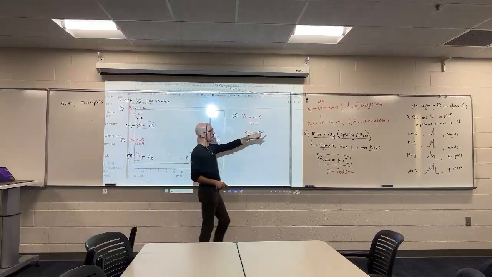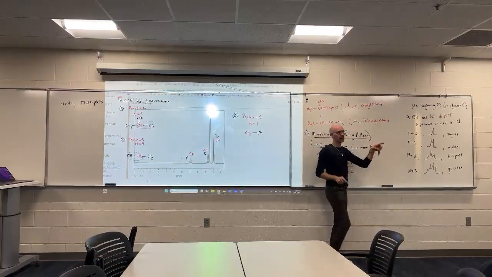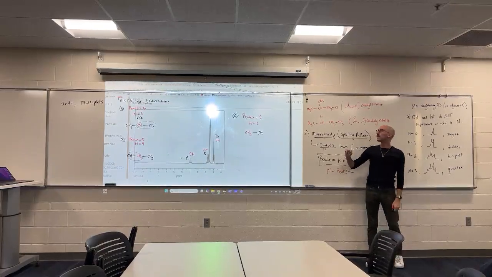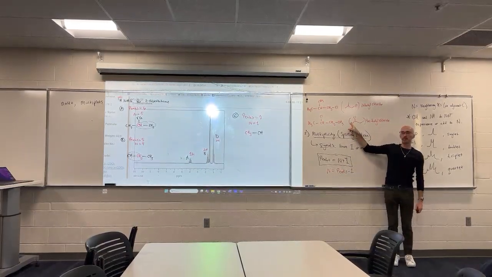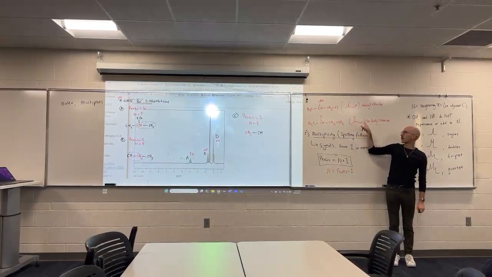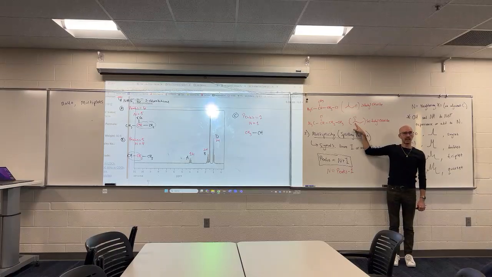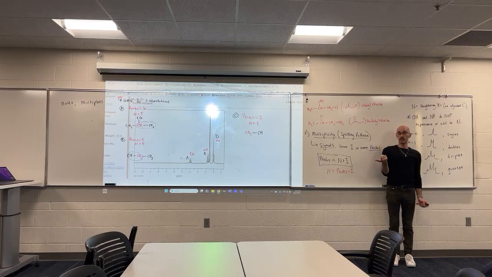Since we already know that this is the molecule we're looking at, can you tell me now, signal C, is it produced by the methyl group on the left or the methyl group on the right? The methyl group on the left. The methyl group next to the CHCl because of the splitting pattern, but also a little bit because of its chemical shift.